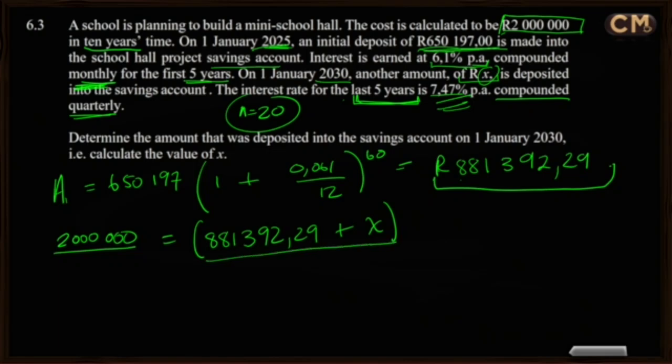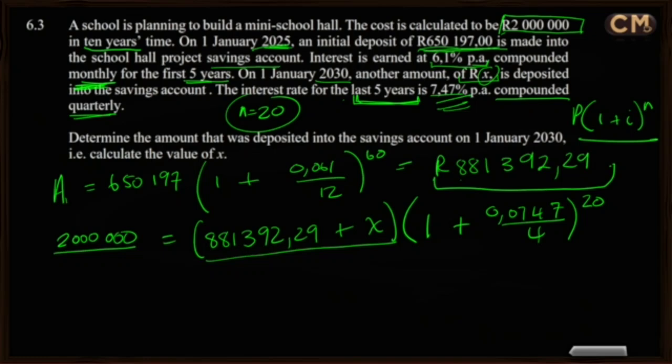That then gets multiplied by 1 plus 0.0747, which is our interest rate, which gets compounded on a quarterly basis for 20 quarters. So if we have a look at it, this still is the growth formula that we used to, our compound interest formula.